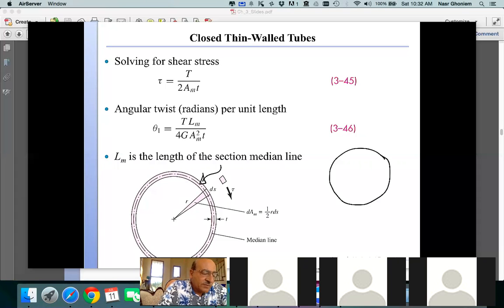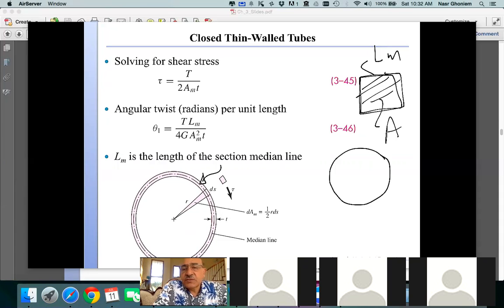So the cross section could be like this, or it could be like that, just a simple line. This simple line has two properties. One is a length, which is the sum of this plus this plus this plus that. And the other one is the area. So whatever cross section we have, we immediately calculate the perimeter length and the enclosed area and prepare that for finding things.